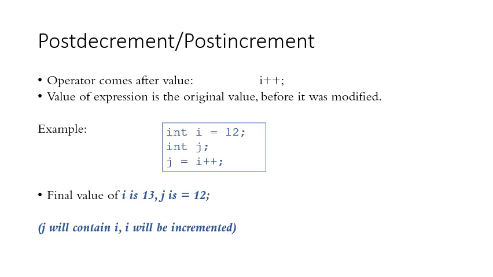When we print this out, the final value of i is 13. We are changing the value of i, but j is equal to 12. What happens is j will contain i first. Initially i is equal to 12, so the 12 will be contained by j, and then later i will be incremented. After i plus plus, i is now 13.